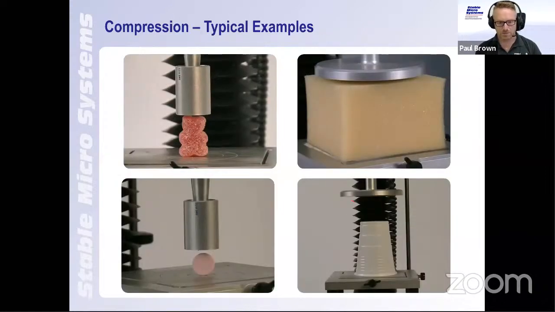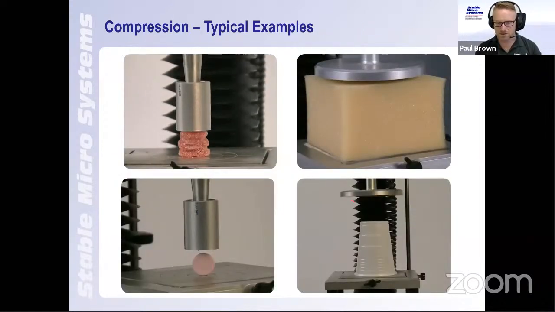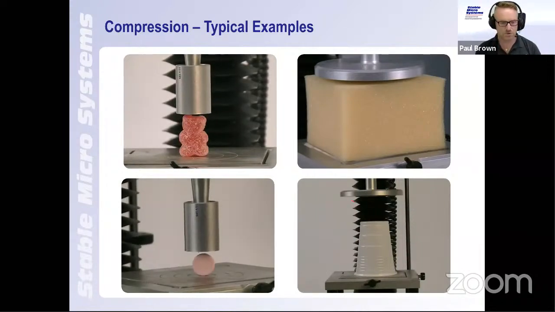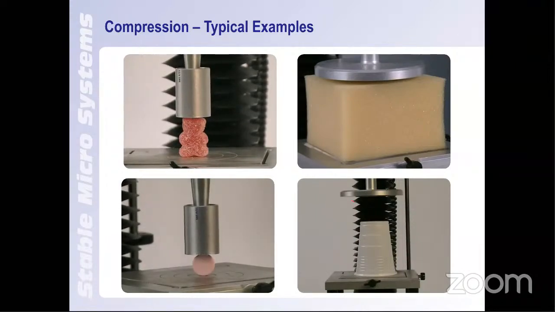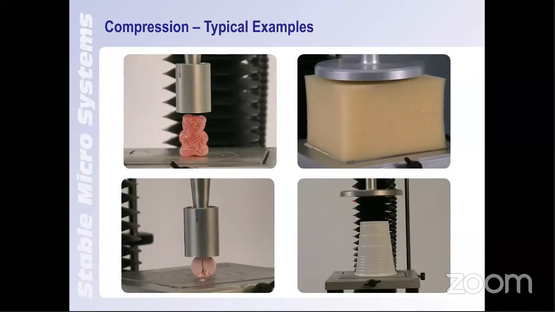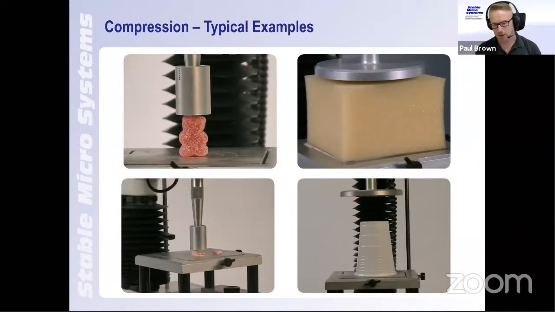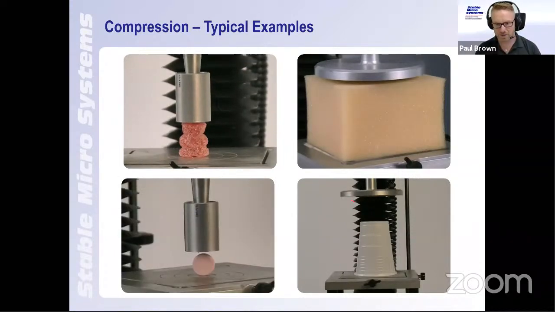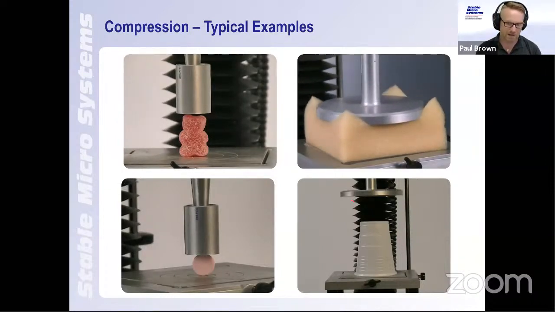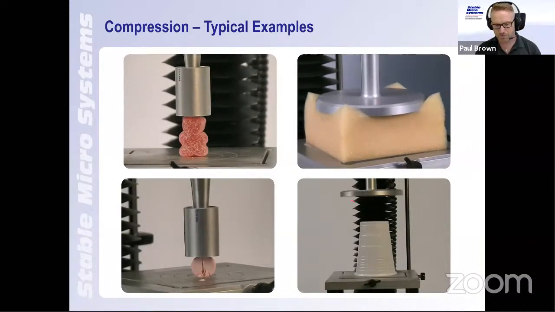Just some more examples here. Just all compression examples. So squashing of the sweet, of the teddy bear, of the gel-based sweet, whether it's a tablet or whether it's a sponge or whether it's a cup. These are all compressions.